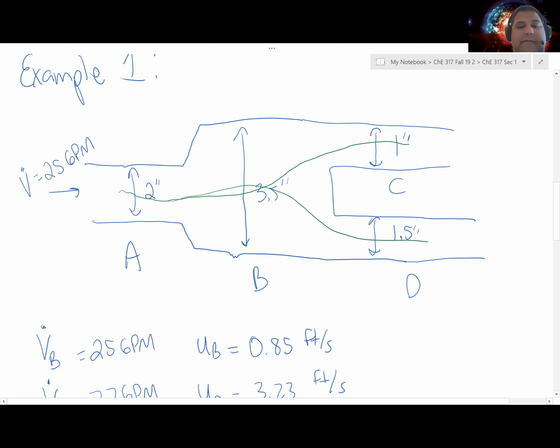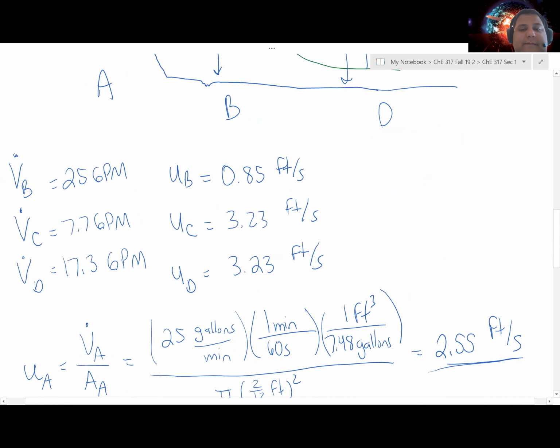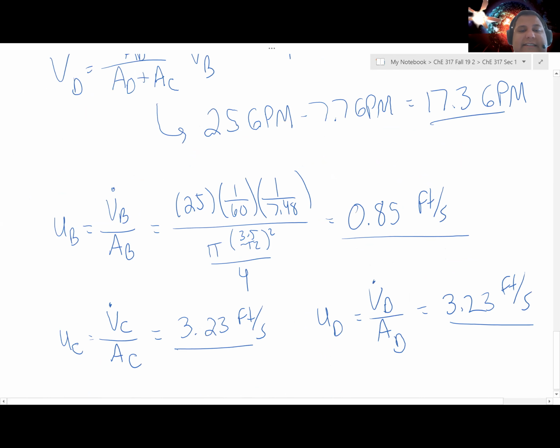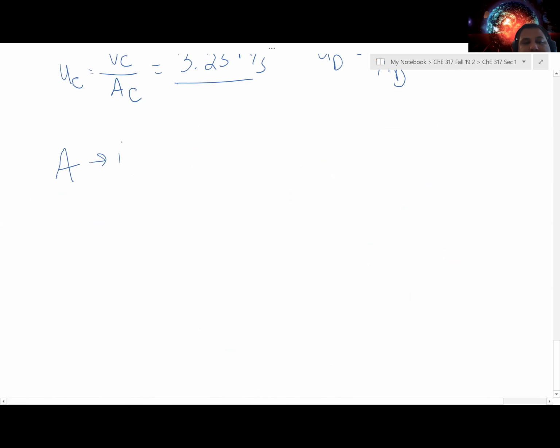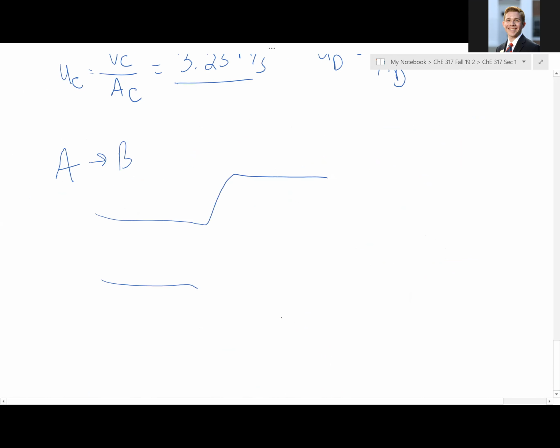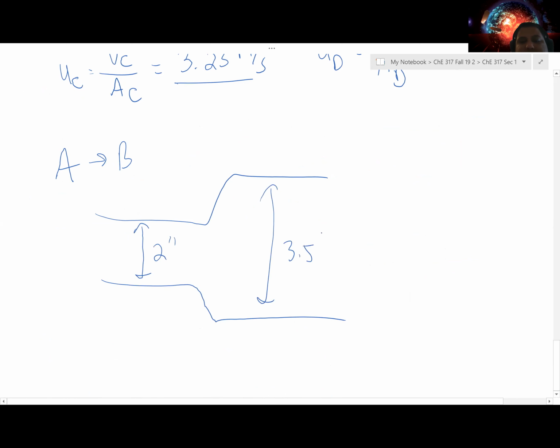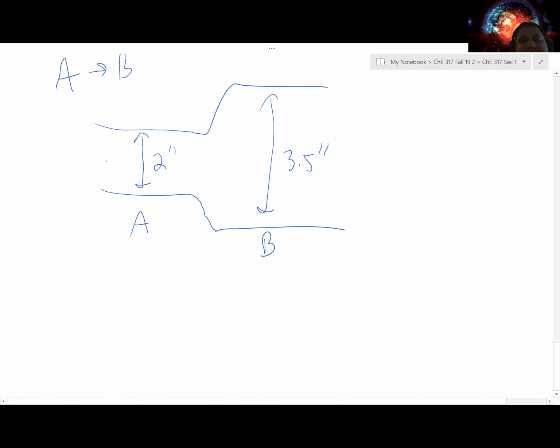Yeah. So if we're looking at a mass balance between section A and section B, right? Section A is 2 inches, section B is 3.5 inches. Like I said, I really like drawing. It really helps me understand things. So what I see in this system is all the fluid that's going into A has to go into B. There's no other area for it to exit, right?